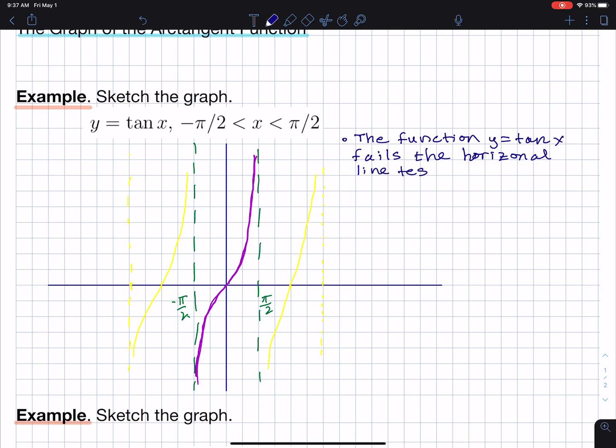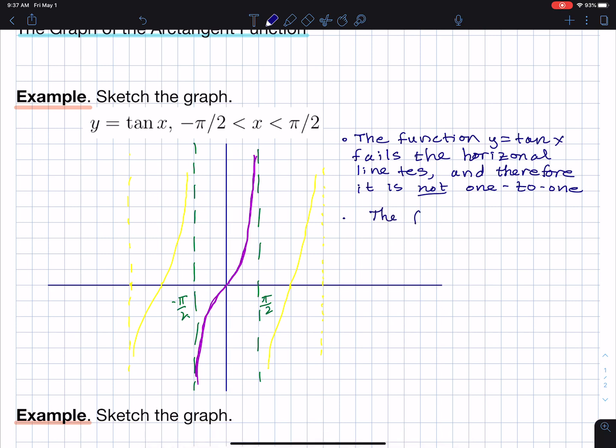And what can we say about that? Therefore, it is not one-to-one. If you look at the tangent graph, which I've lightly drawn here in yellow, that graph's not one-to-one.